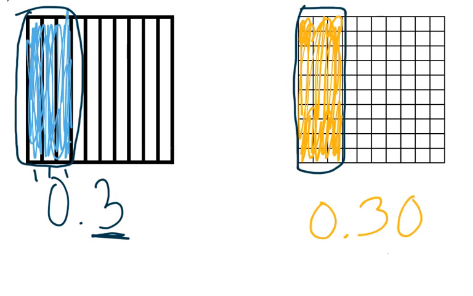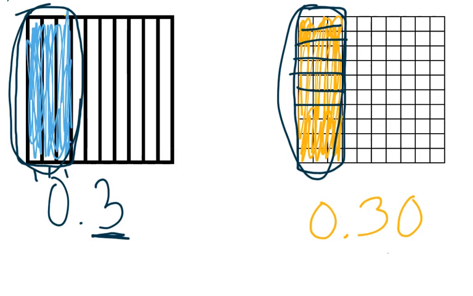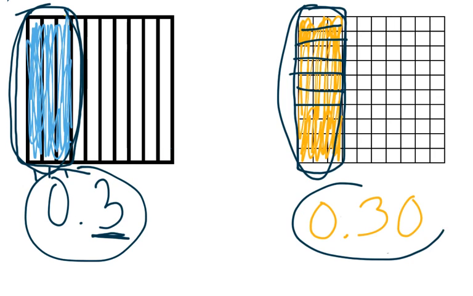Just because these are cut into separate bars along the way to smaller pieces, it's still the exact same amount of the whole colored in. So 3/10 is exactly the same as 30 hundredths. Right? So that's the basic start of what decimals are.